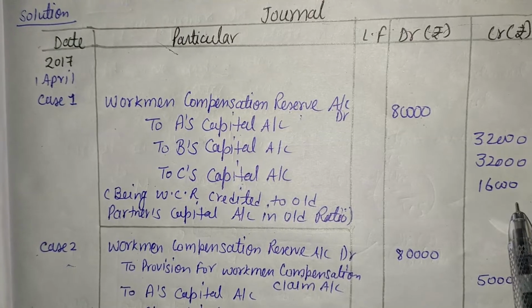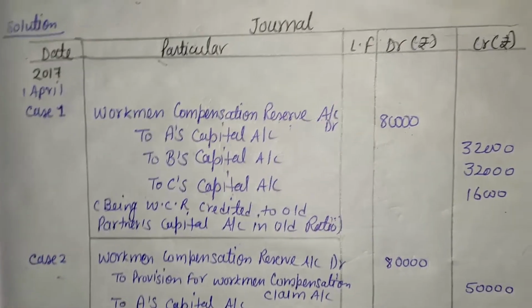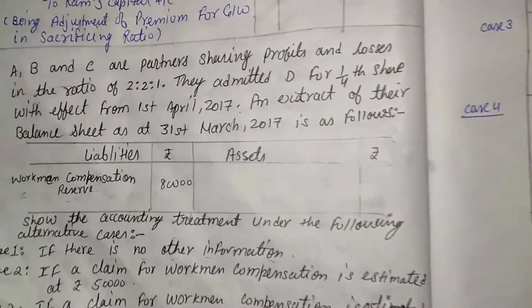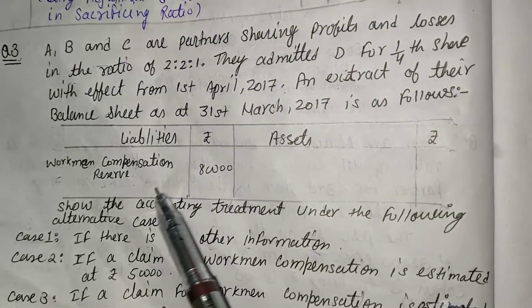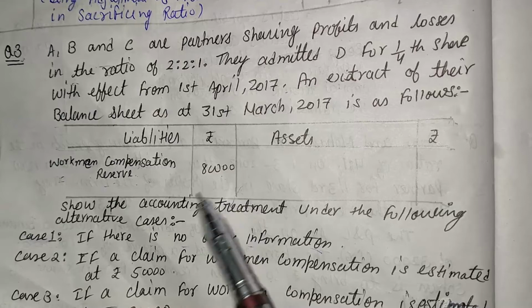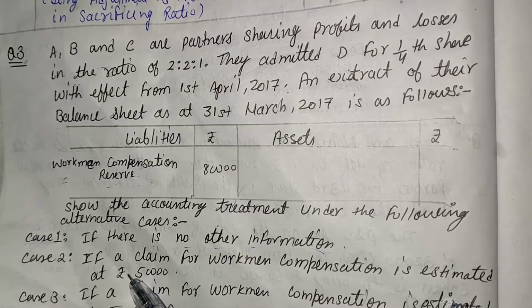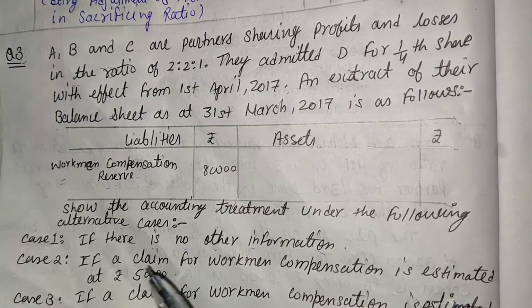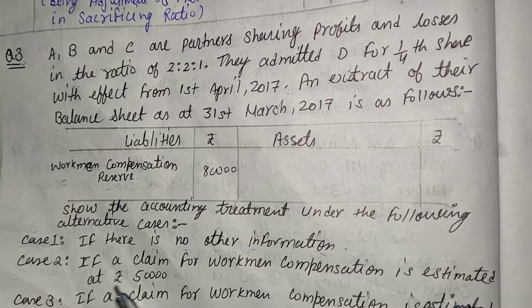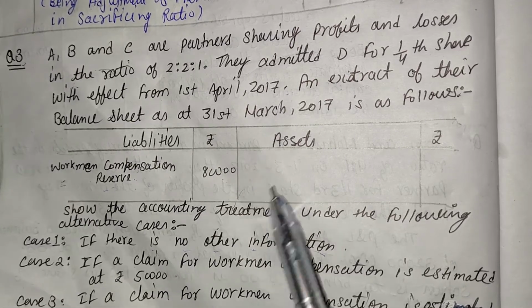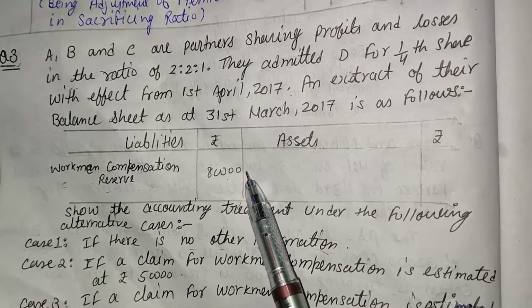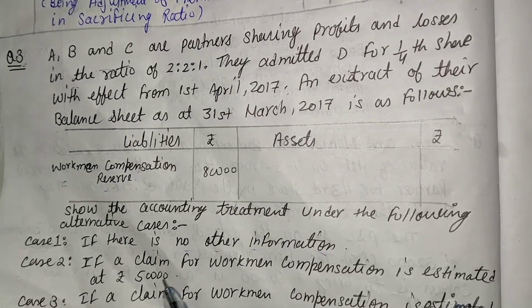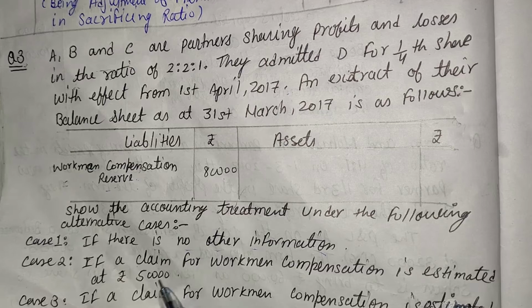Now come to the next case. Workman compensation reserve account is 80,000, and one more piece of information is given. If a claim for workman compensation is estimated at rupees 50,000, it means the book value of workman compensation is 80,000 and the market value is rupees 50,000.